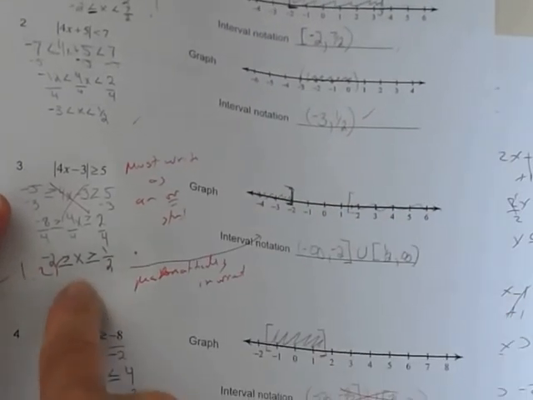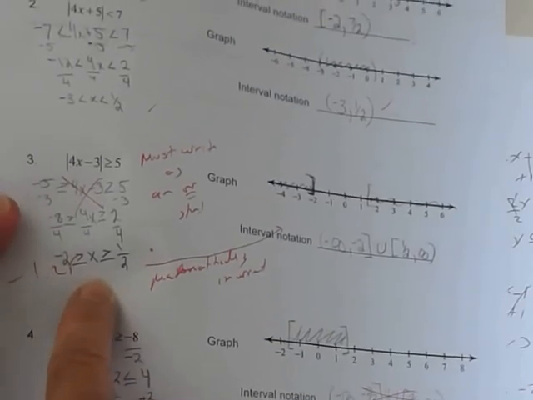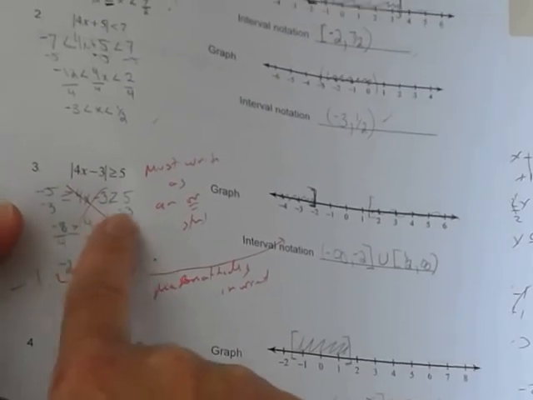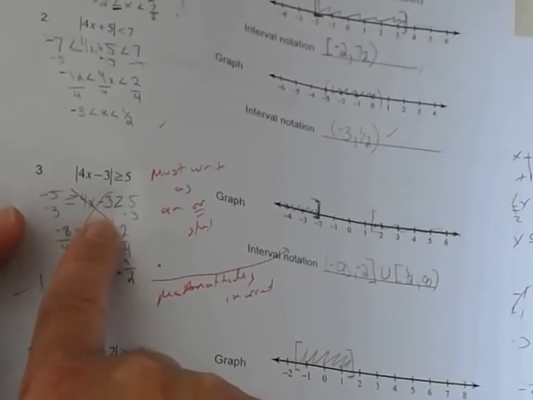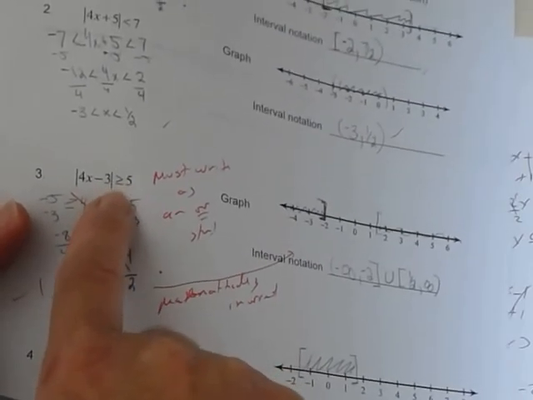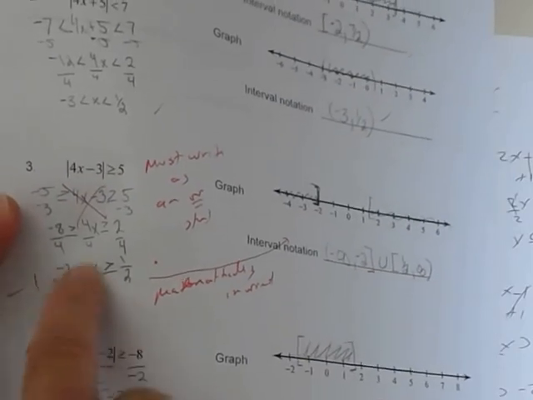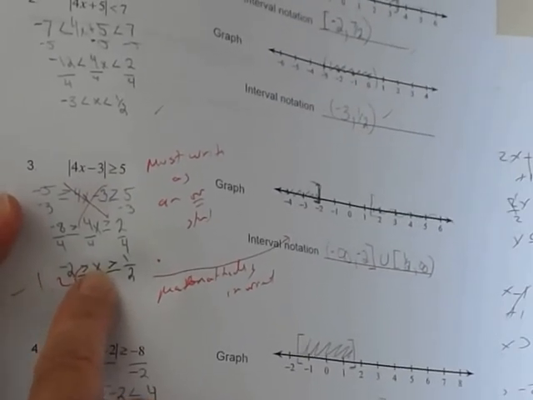According to this, there should be no solution. You understand? So an absolute value greater than can never, ever, ever be written as a what? Compound statement. A compound statement can only be written if it's what kind of absolute value inequality? Less than. Because according to this, there's no solution.